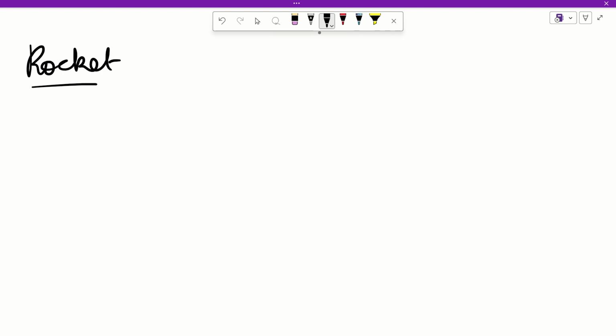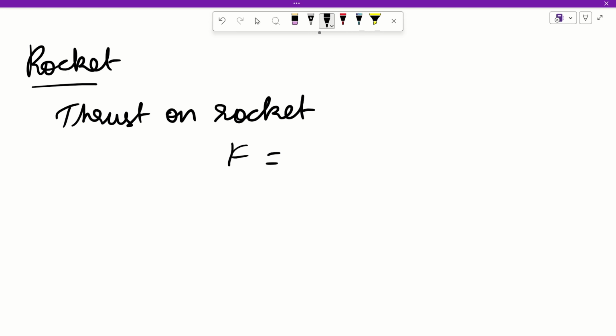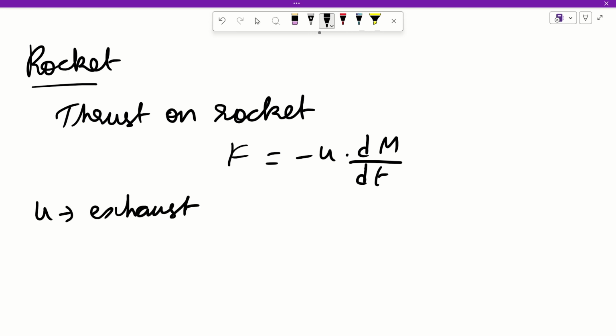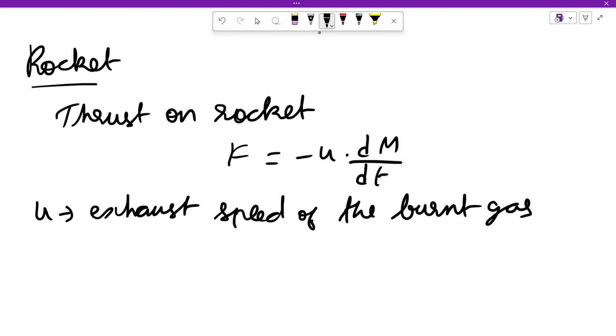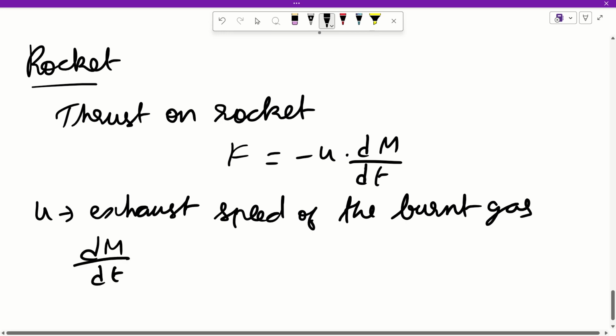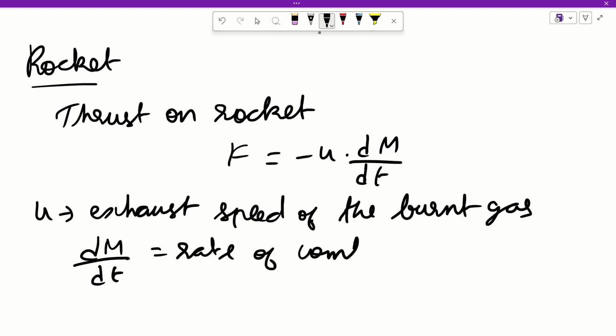Thrust on the rocket at any instant is given by F is equal to minus U into dM by dt, where U is the exhaust speed of the burnt gas, and dM by dt is the rate of combustion of fuel.